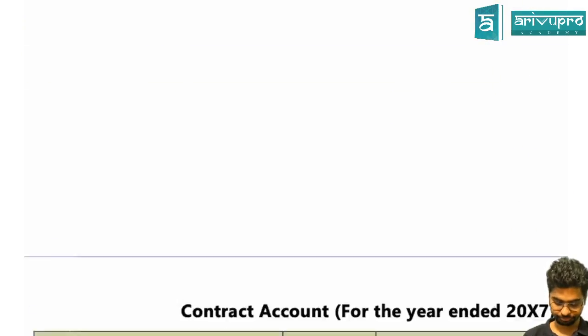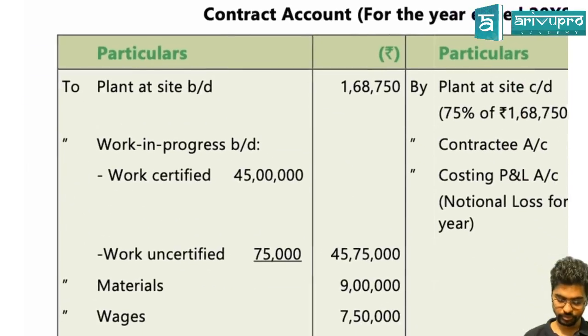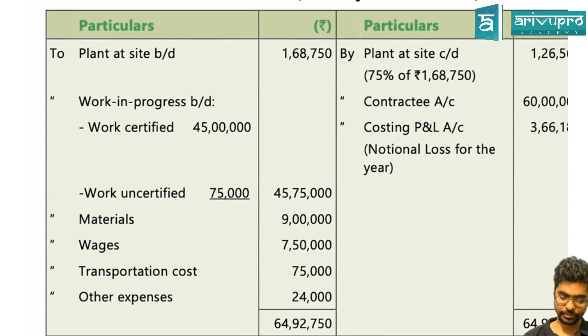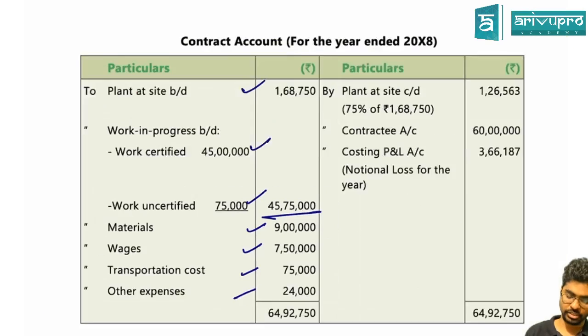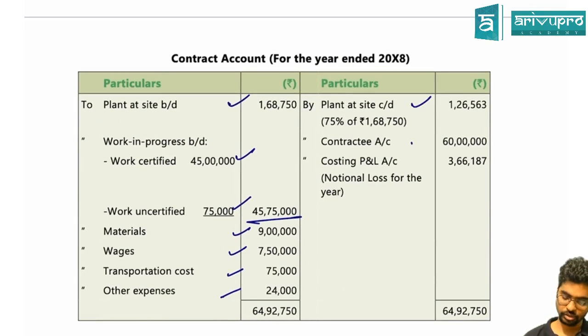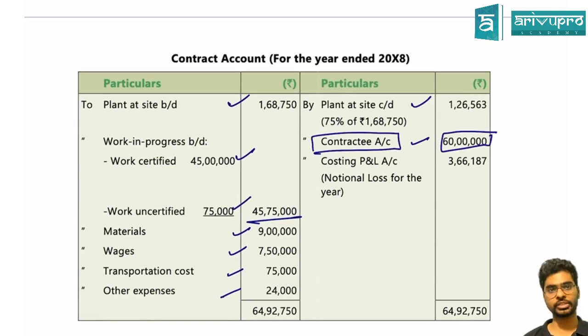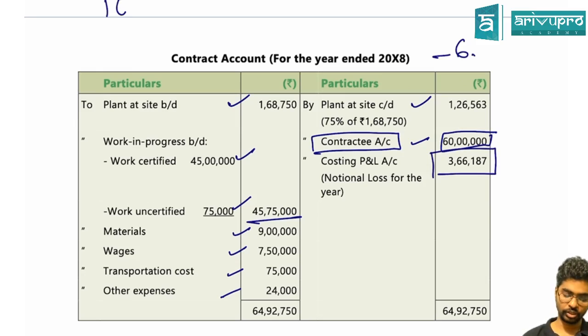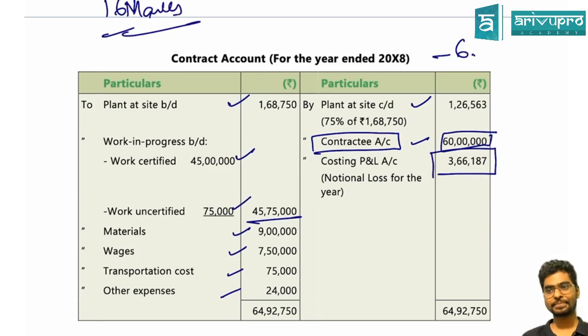So, see, plant account, work in progress, materials, wages, transportation cost, other expenses, closing value, then the contractee account, because now we are closing the contract, so it's no longer work in progress, it's a contractee account. Finally, it goes to the costing P&L. This is another 6 marks. Totally, this was a 16 marks question. Was it easy?